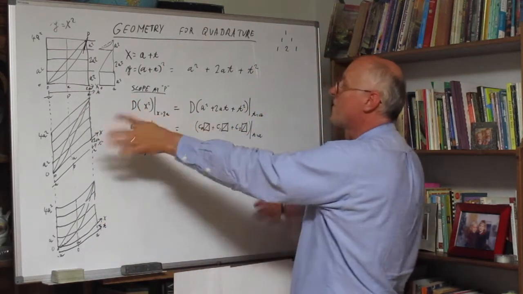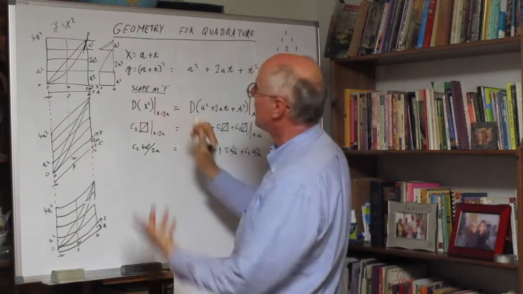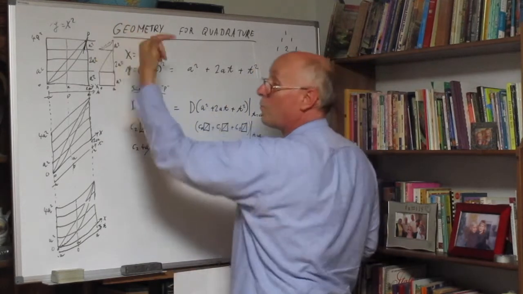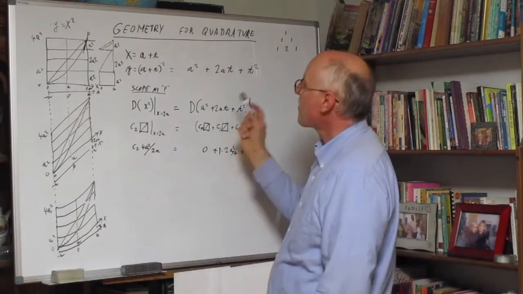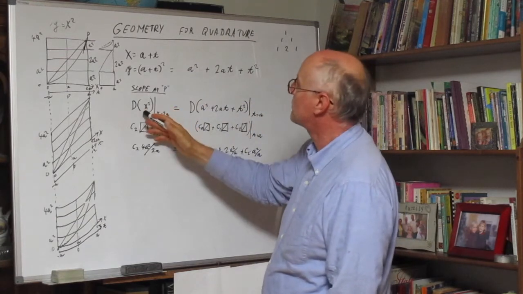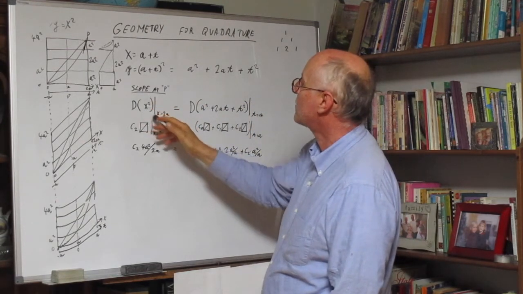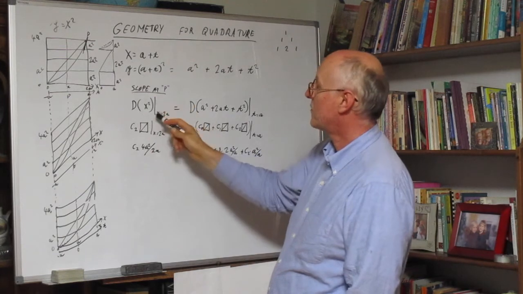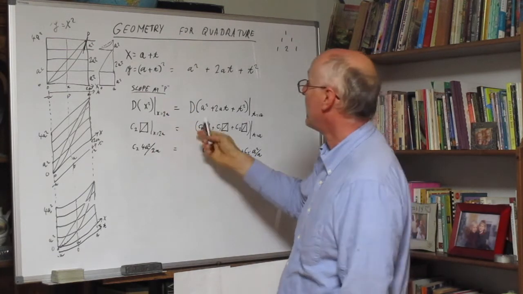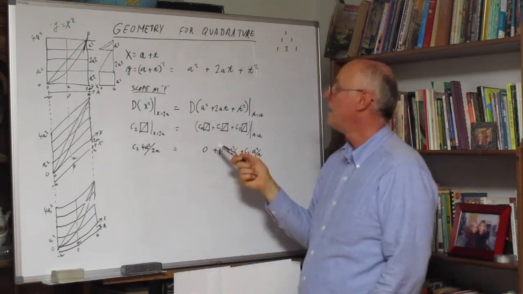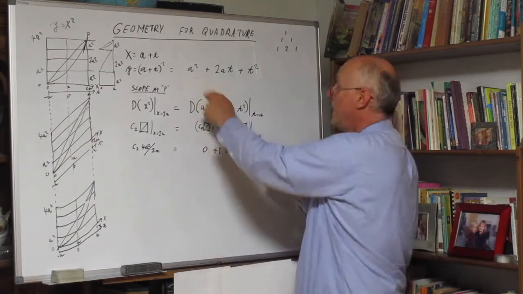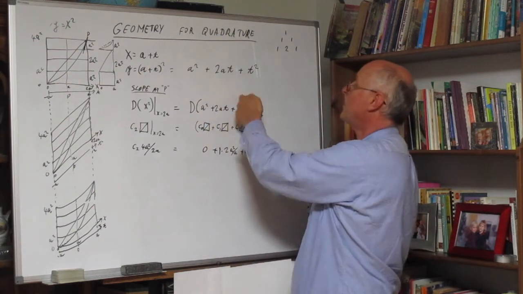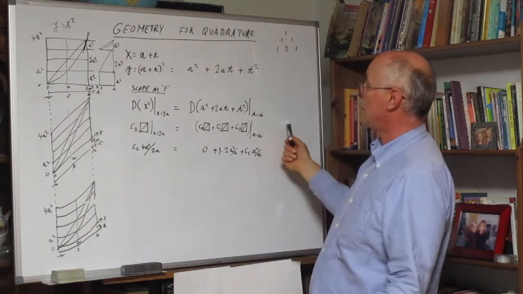And so, from the x perspective, we're looking at this, and the slope we're looking at is d of x squared at x equals 2a. Well, that equals the d of a squared plus 2at plus t squared evaluated at t equals a.